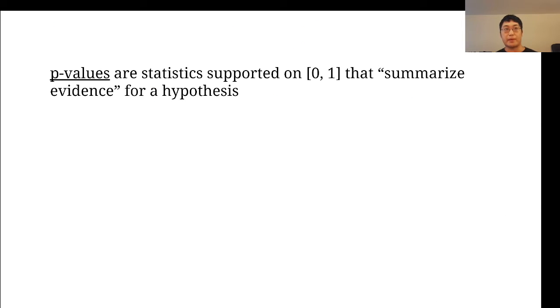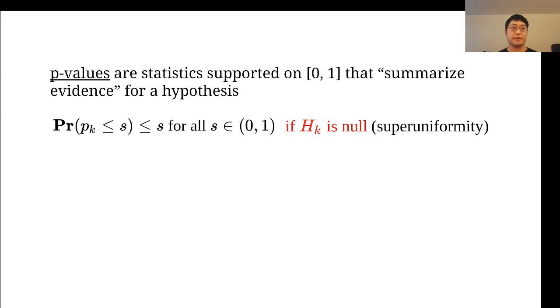To talk a little bit about p-values, they are statistics supported on [0, 1] that essentially summarize evidence for a hypothesis. Specifically, p-values have this property called superuniformity if the hypothesis associated with the p-value is null. This includes, essentially, the p-value being uniformly distributed on [0, 1].